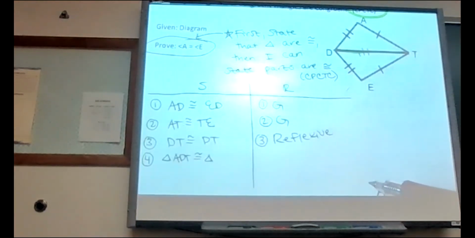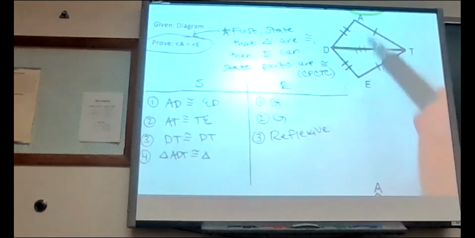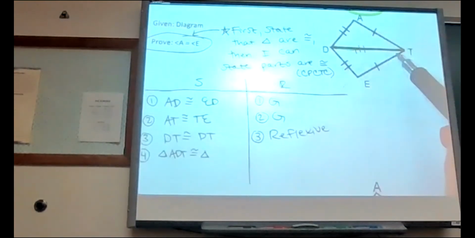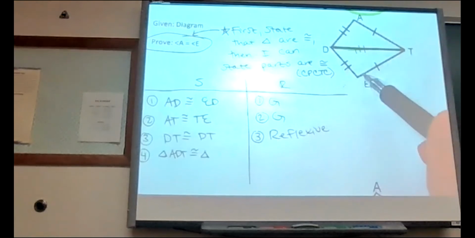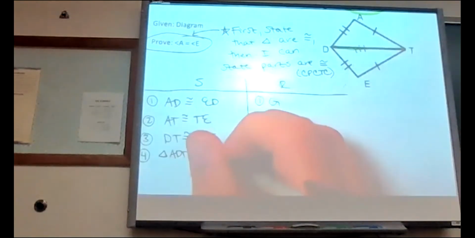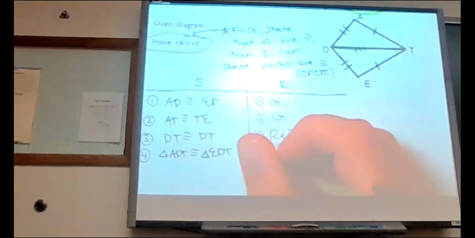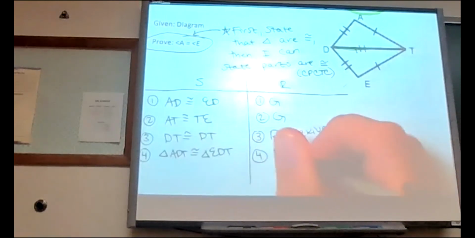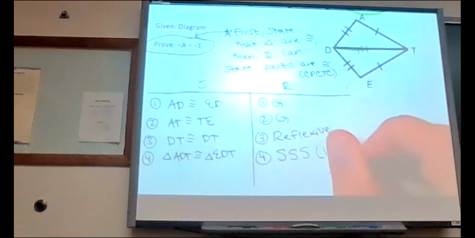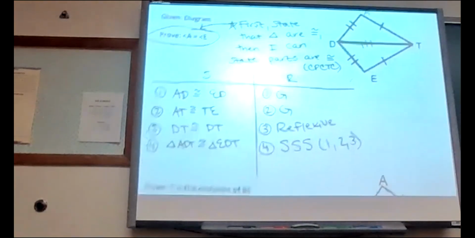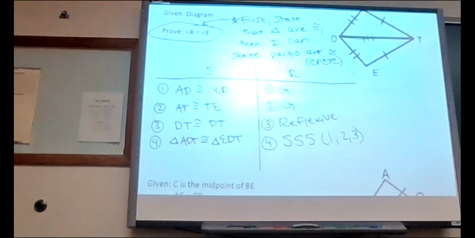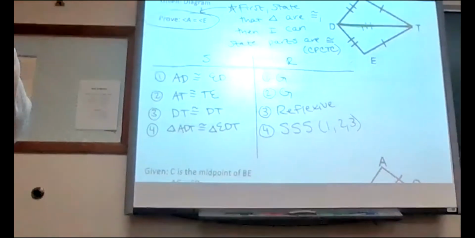Matching the same sides up, ADT would correspond to EDT, yeah? EDT by side, side, side. 1, 2, 3. It's exactly the same as proofs we did the other day.